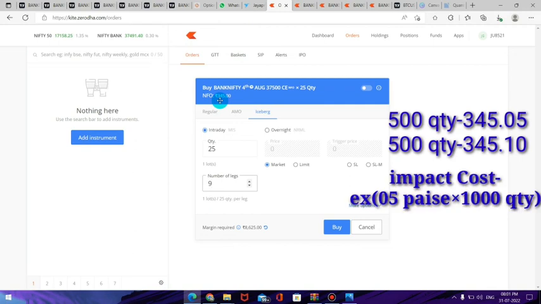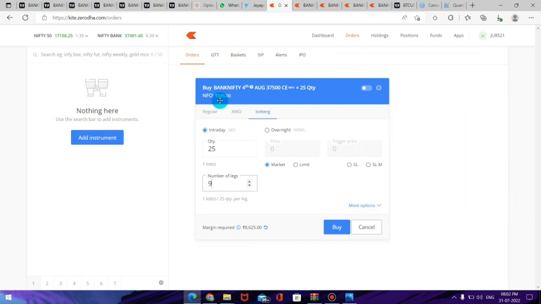So this will reduce the impact cost. Otherwise, you may be in a loss of 500 rupees or some minimum loss if you are trading with a normal or regular order. If you punch in the order, 500 quantity will be taken at one price and another 500 quantity at another price. So you will have a small point variation, that is the impact cost. To reduce the impact cost, the Zerodha platform introduced this iceberg option.